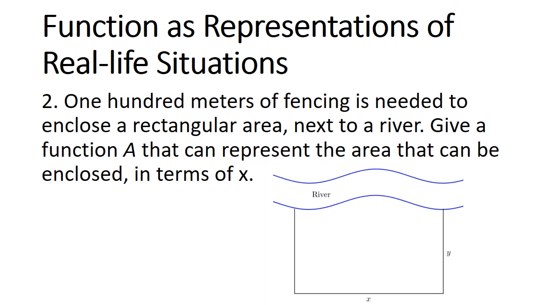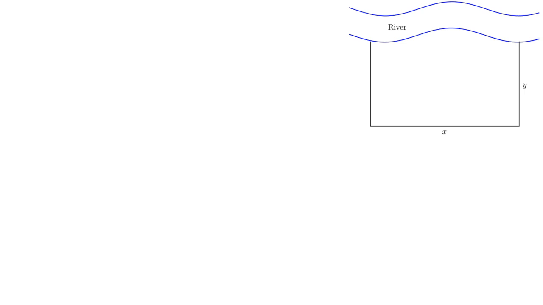So, paano natin gagawin yan? So, yung solution. So, we have here the image of the river. Alam natin that ang area ng rectangle is equal to length times width. And in the given figure, obviously, the length is x and the width is y.